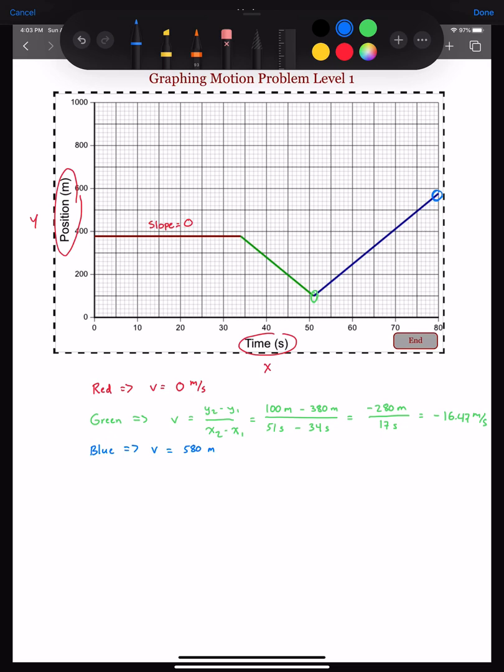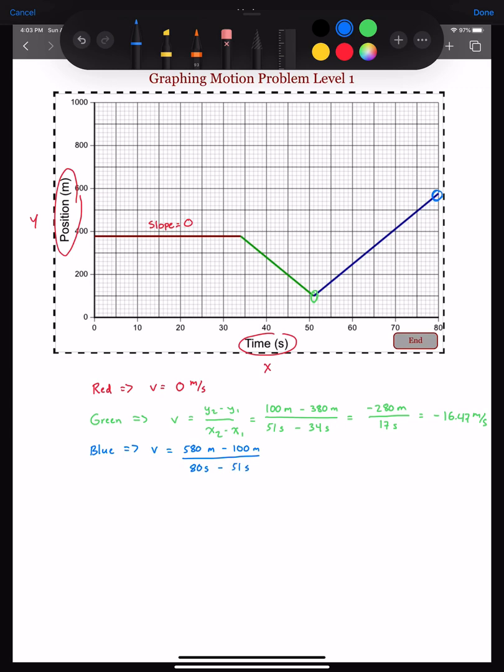Y1, it started at 100 meters. Ended at 80 seconds. And it started at 51 seconds.